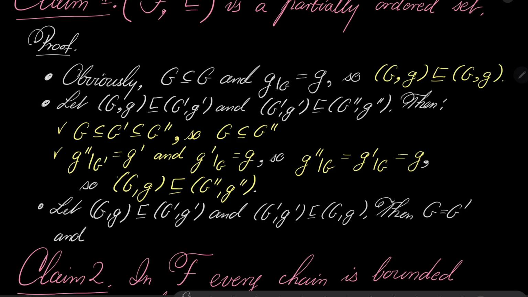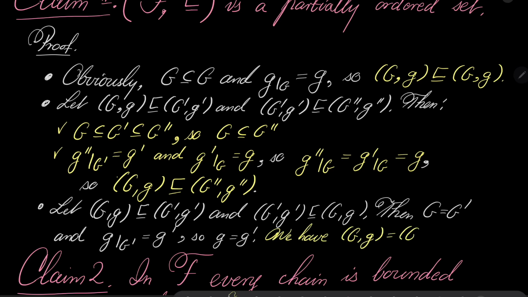And moreover, G restricted to G prime is G prime, but G prime is also the entire domain G. So we have equality of these two pairs. So it proves that our relation is a partial order on the family F. It proves our first claim.